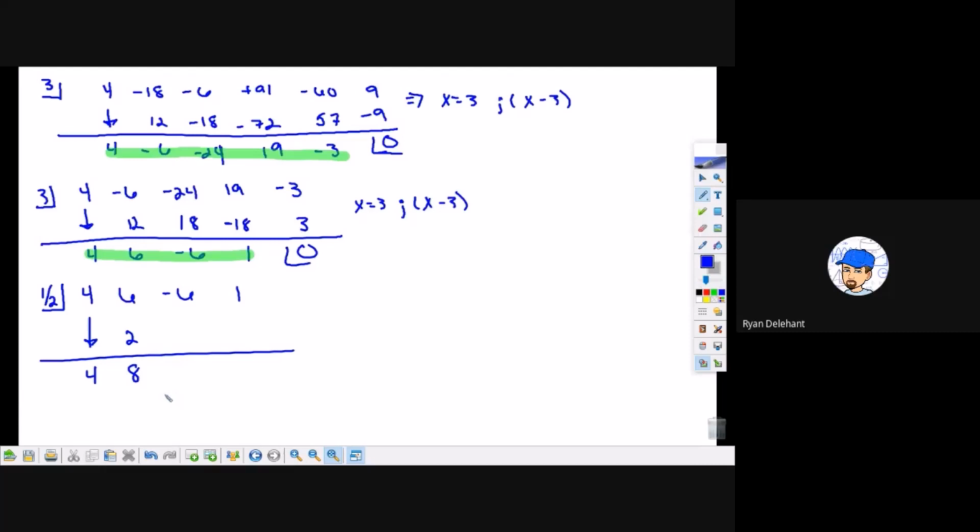When you add them, 8 times 1/2 is 4, -2, -1, and we get a 0. That means that x equals 1/2 was a factor, which means we'll see 2x minus 1 in its factored form.